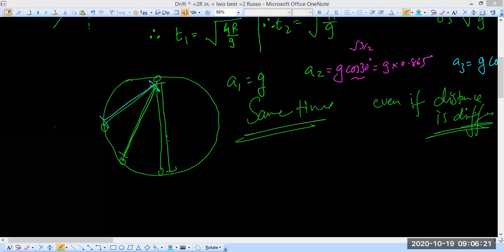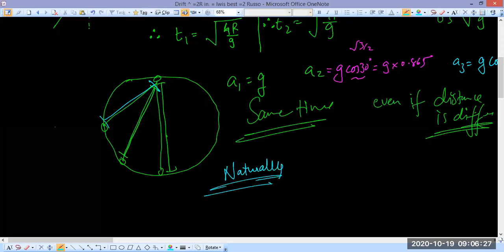Yes, so the values naturally come in such a nice way, nature has made it. See, I didn't make this, nature made the circle, nature made the wires, and nature makes the slide because of gravity.